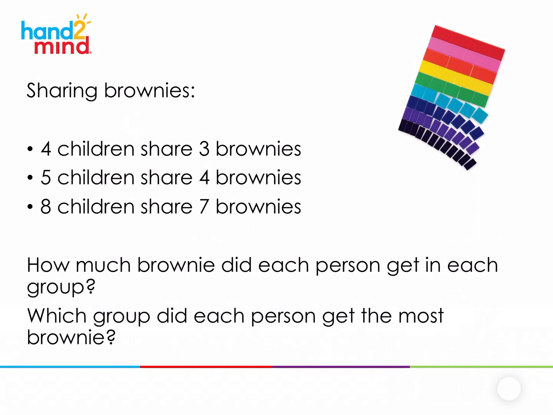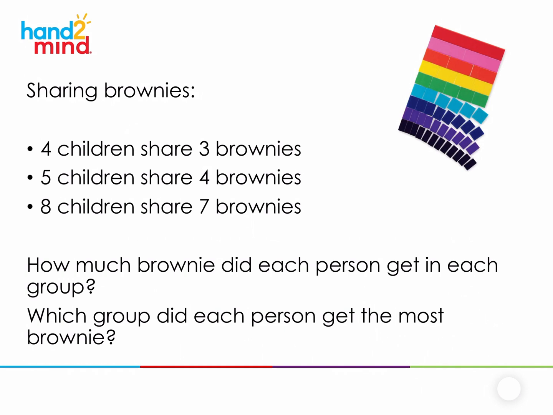So what we're going to try to figure out is how much brownie did each person get in each group, because we want to know how much of a brownie they got. And then we want to figure out which group did each person get the most brownie. That's what we want to figure out, because that was the fight. They said that I was not fair. So we want to figure out, did someone get more than another person? And if so, what did that look like?